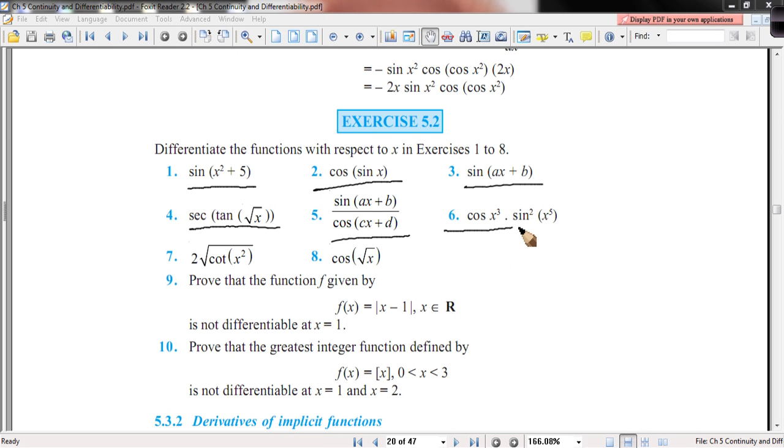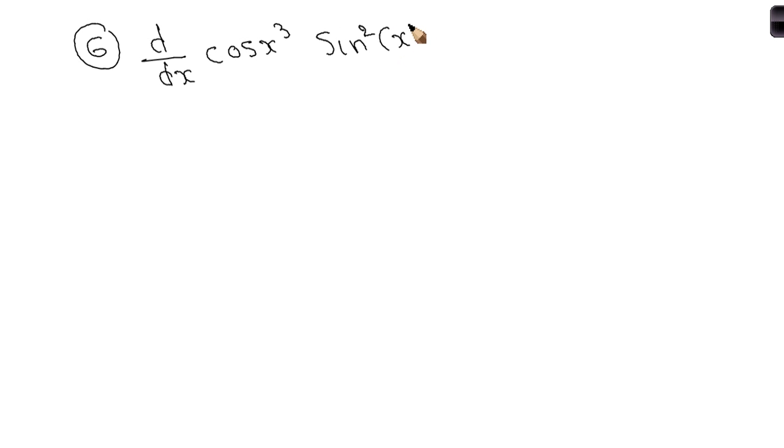The next question, the sixth question, is: find the derivative of cos x cube into sin square x power 5. So this is like a product rule, u function, v function, product uv rule, two functions.